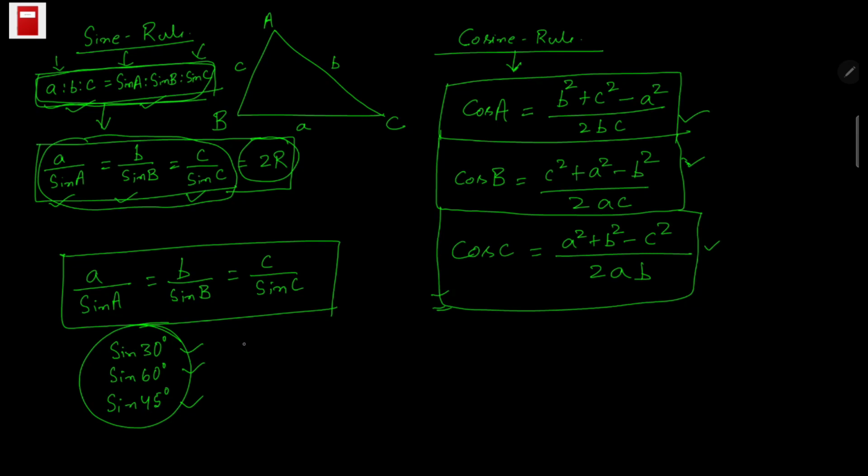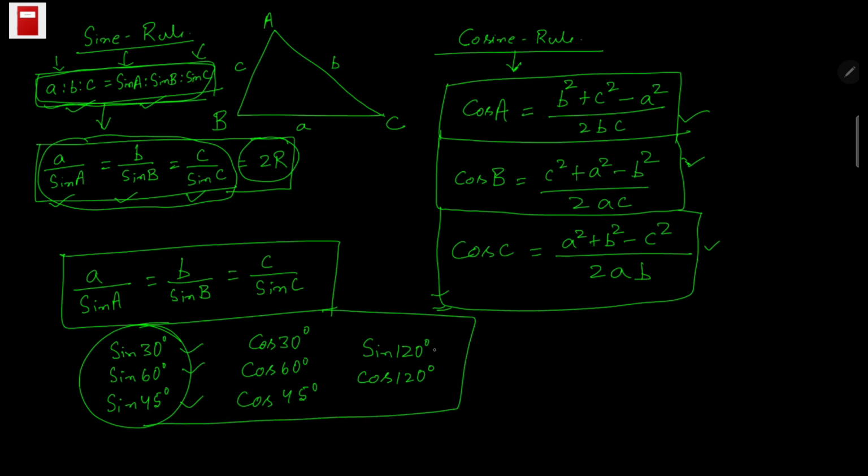While doing them, also include cos 30 degree, cos 60 degree, cos 45 degree. Also include sine 120 degree and cos 120 degree. This is good enough. Sine 120 degree is root 3 by 2, cos 120 degree is minus 1 by 2, cos 30 degree is root 3 by 2.